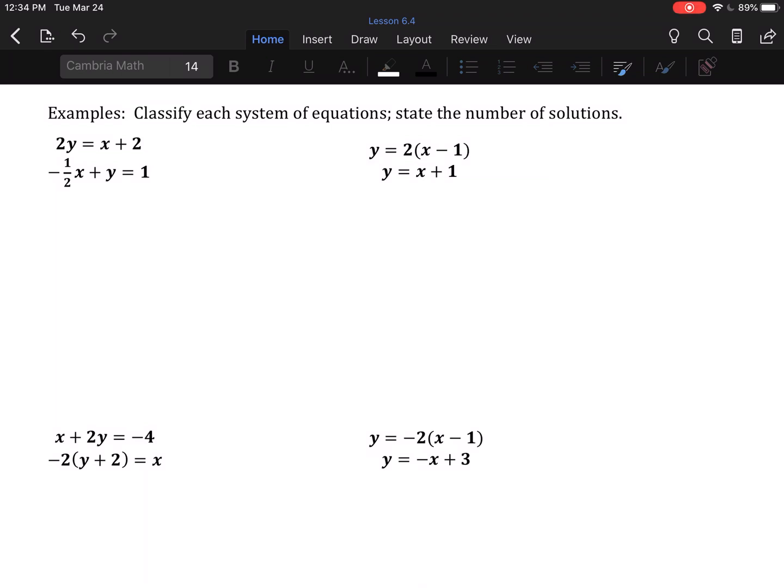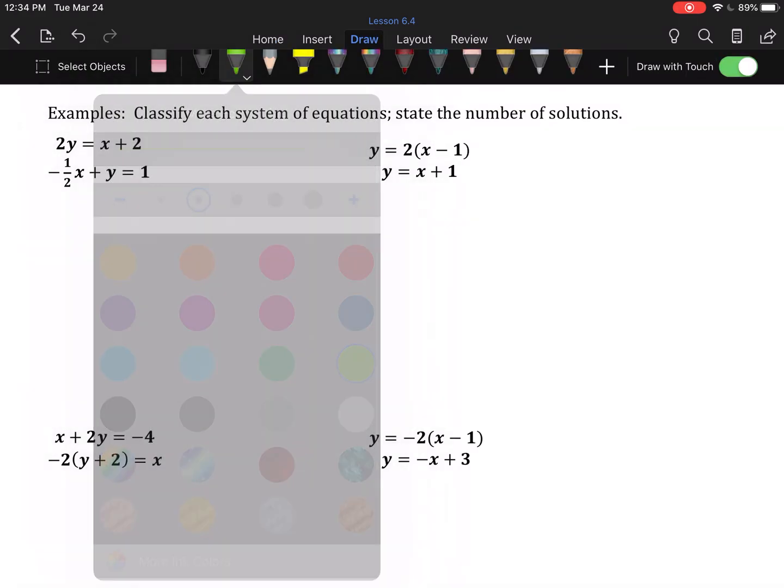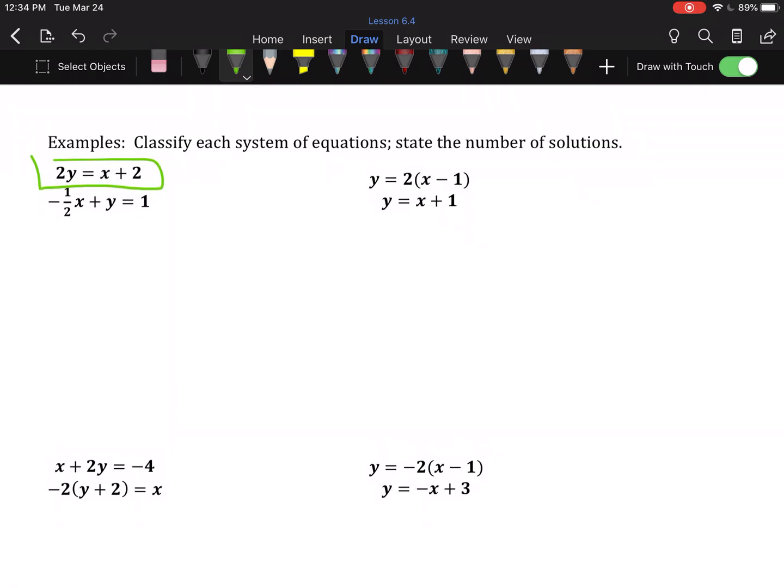Ideally, what we want to do, since we're just classifying here, is use that idea about slope-intercept form. So I'm going to take both these equations and put them in slope-intercept form. So for the top equation, which I'll do in green, I'm going to divide everything by 2.